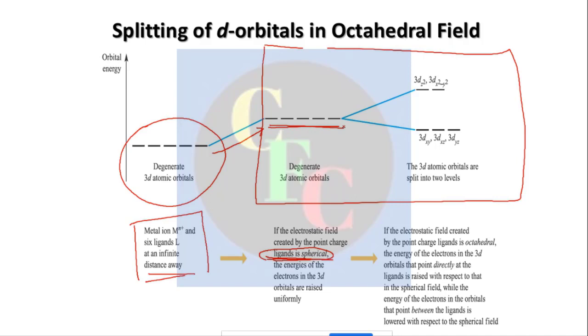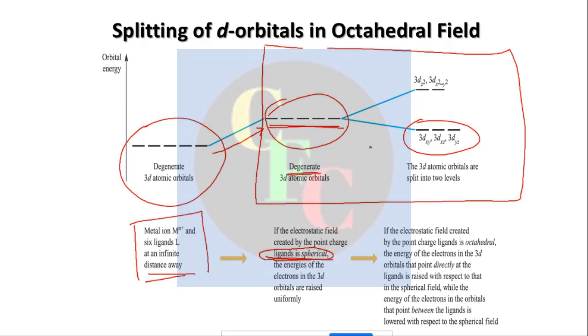Now after that, when the ligands came closer, and the orbitals could differentiate between the incoming ligands, or you can say the ligands could differentiate between the orbitals, then their degeneracy was broken. It was still degenerate in this case, then their degeneracy was broken: dz square and dx square minus y square have gone up compared to this position, and these 3 have gone down compared to this degenerate position in the spherical field.